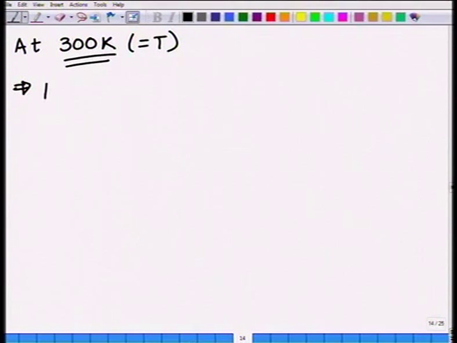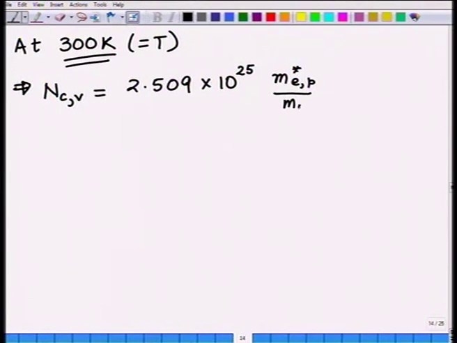So, I am going to simplify this expression as this quantity is equal to 2.509 into 10 to power 25, times (m_e or m_h star by m_0) to power 3 by 2, and when you calculate this you will get the answer in per meter cube.